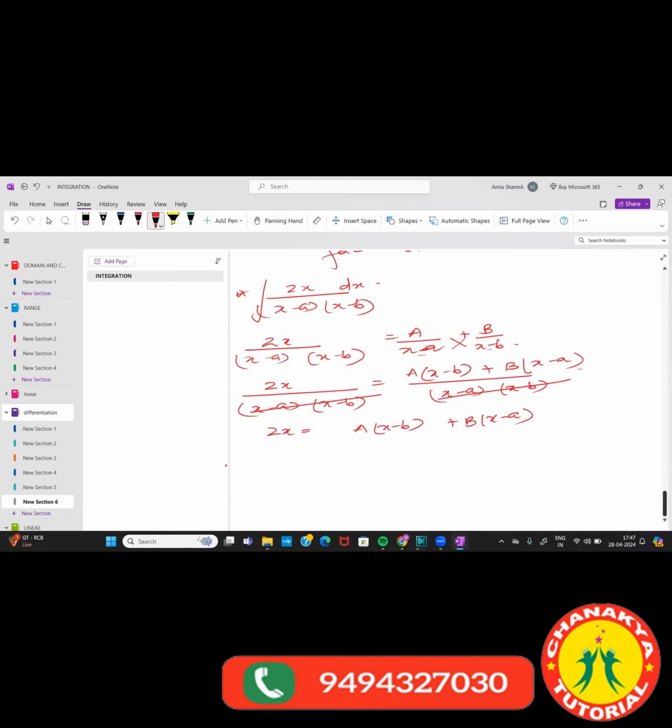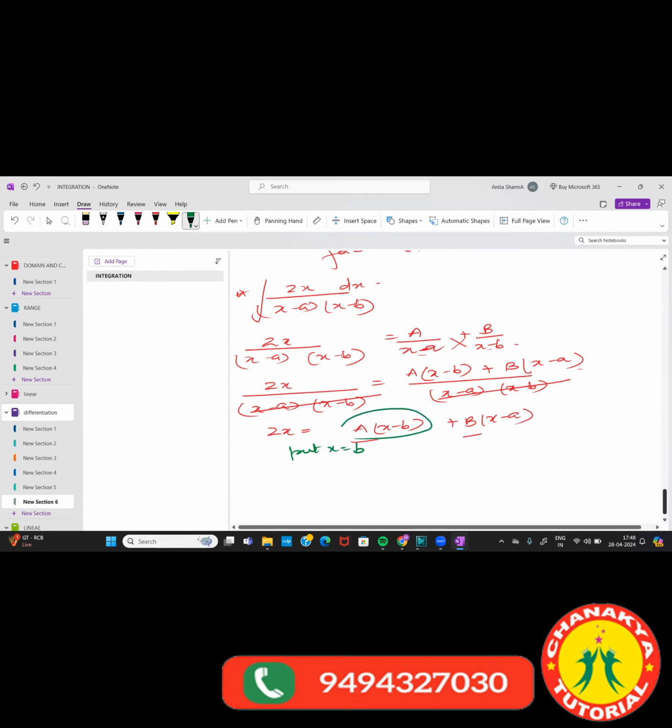So what can you do here? We have to find the values of A and B. So what will you do here, Dhanunjay? Substitute the values. First substitute the value b and then substitute the value a. We will put the value of x as b. Why?